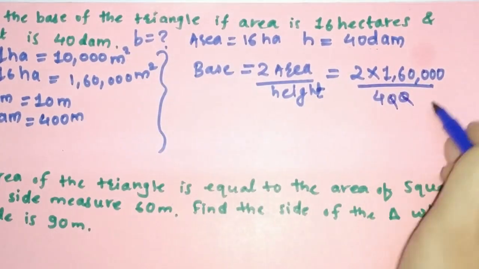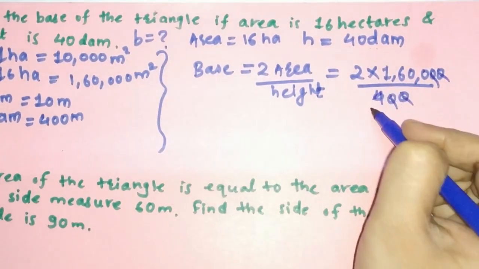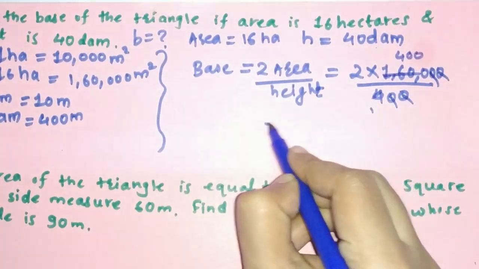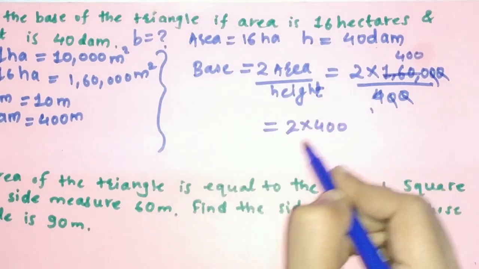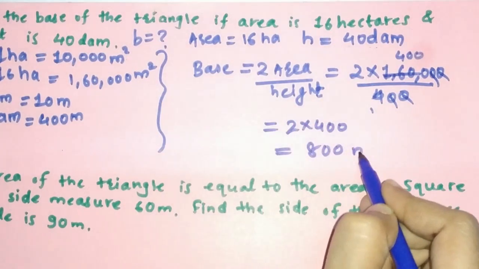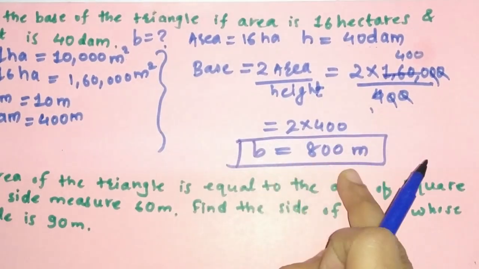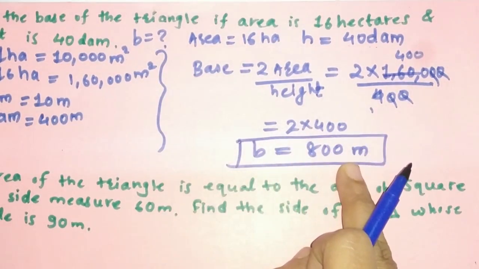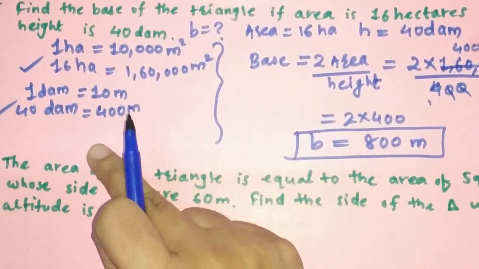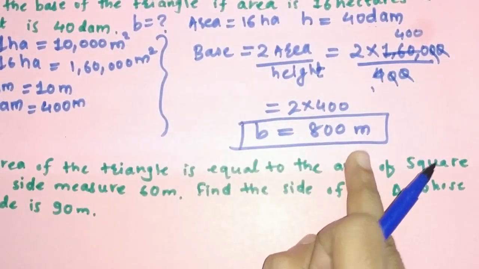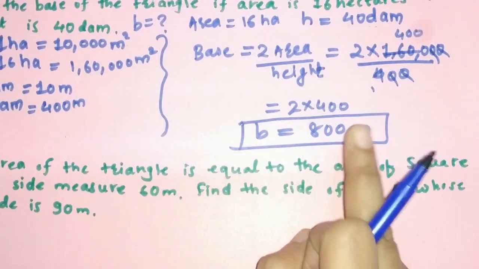So we'll just cut 2 zeros, and 4 1s are 4, 4 4s are 16. So friends, 2 into 400. So we got 800 meters base. So base is 800 meters. This is very simple. Just keep this conversion in mind. All in meters, then only we can proceed. Otherwise all in centimeters, then only you can proceed.